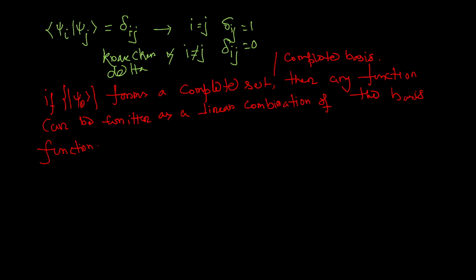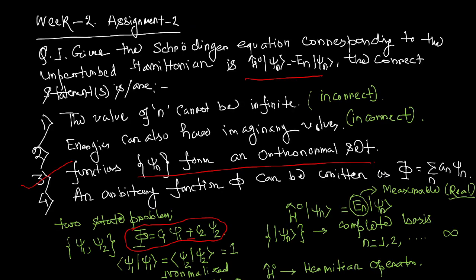You know psi 1, psi 2, these are the labels, and if you take a linear combination of these states, you will get another wave function, and that wave function can be expressed as a linear combination of all these states. So this statement is also correct. Having said that, let's look at the second question.